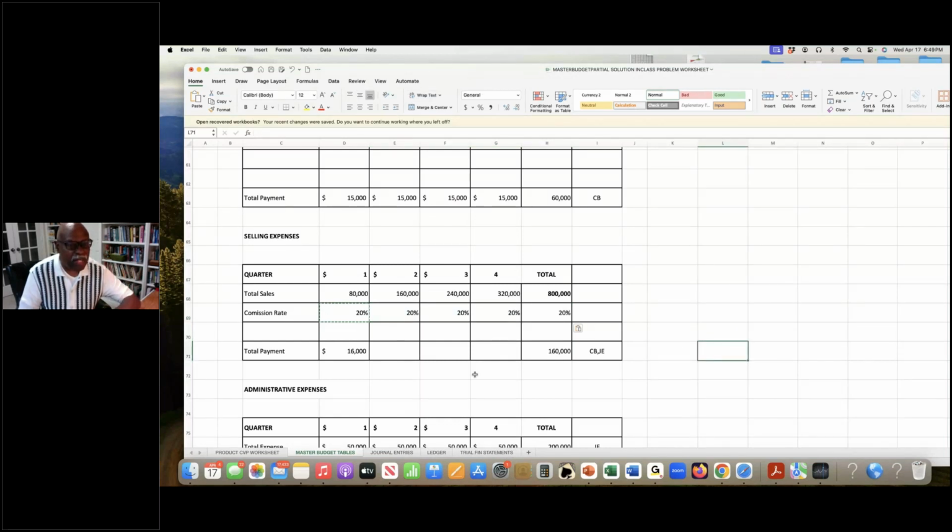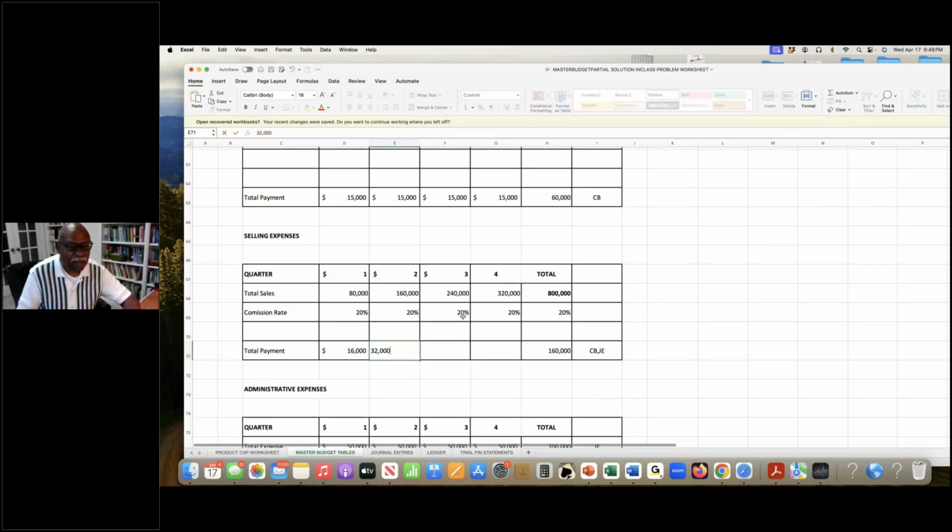And so what are the commissions in the second quarter going to be? Let's see, 32,000. Then in the third quarter, they're going to be what? 48,000.